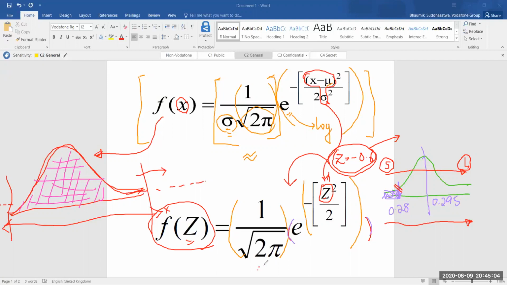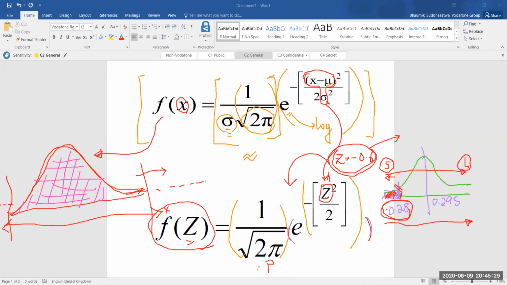I take this answer, and this becomes the probability of anything which is under this area of the curve on the smaller side of my tipping point. So that is what my question is, right? I want to know how many boxes can be there, or if I buy a box, what is the probability that the size of the item inside the box is less than this value, right?